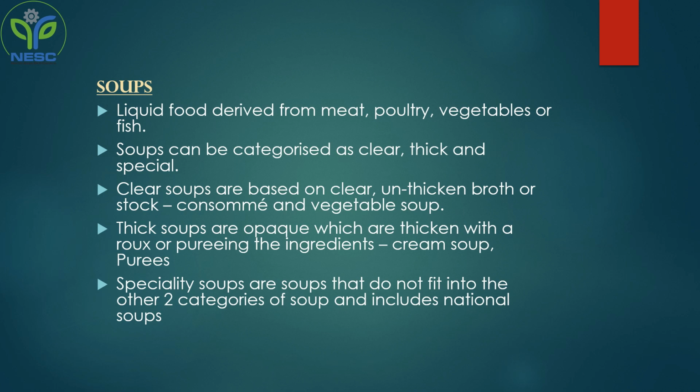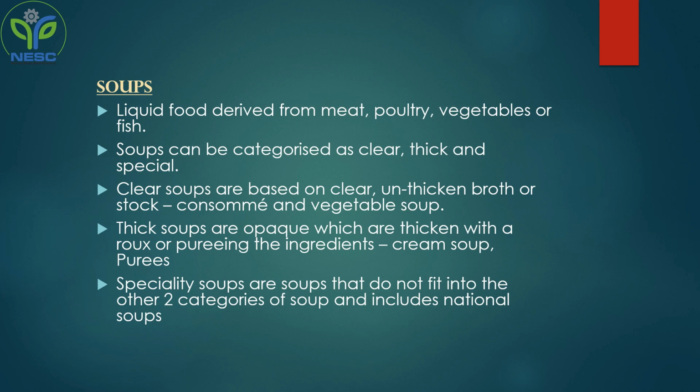Next is the soup. It is a liquid food derived from meat, poultry, vegetables or fish. Means it is primarily a liquid food that is made by combining ingredients of meat, poultry or fish. Right? Soups can be categorized as clear, thick and special. So here if we are to go a bit detailed in these three categories, then we can see clear soups are based on clear unthickened broth or stock, right?